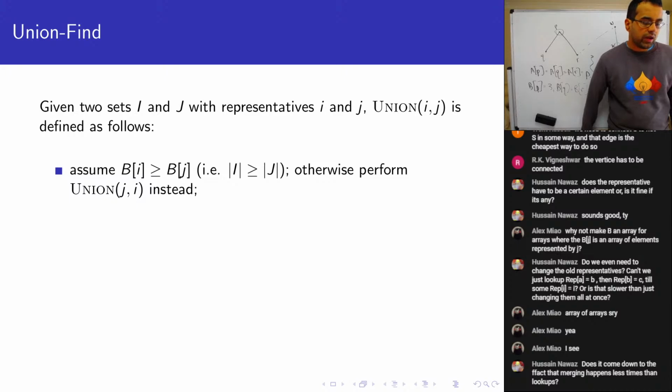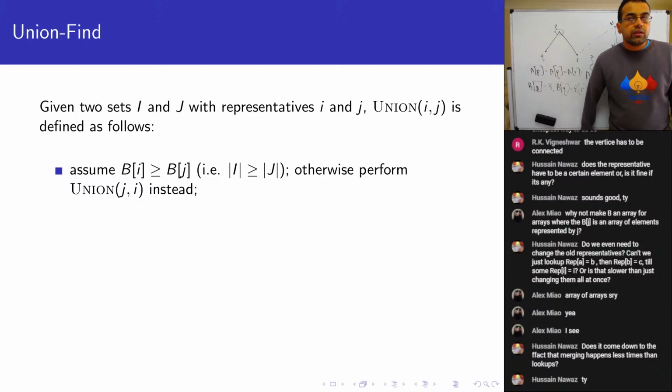So yeah, I guess that is true. But in any case, we're looking to do find in constant time right now. So that's going to dominate. As in, that's going to rule out your suggestion, unfortunately.